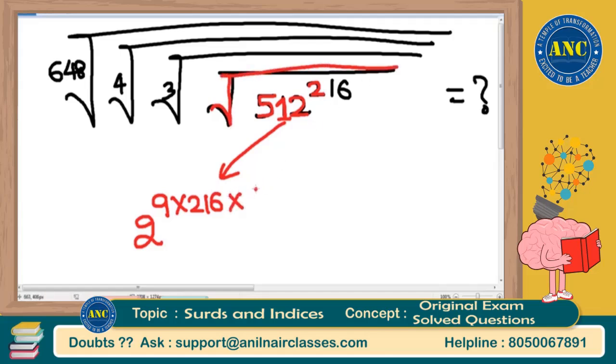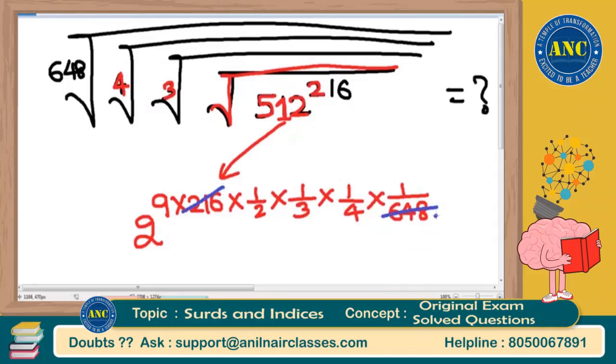That power 1 by 2 will get multiplied. Again power 1 by 3 is there. It will get multiplied. Again power 1 by 4 is there. It will get multiplied. Again power 1 by 648 is there. It will get multiplied. You will simplify everything so easily right now.